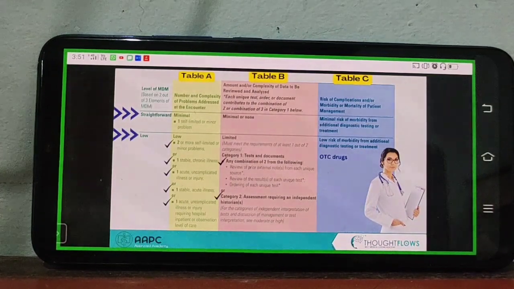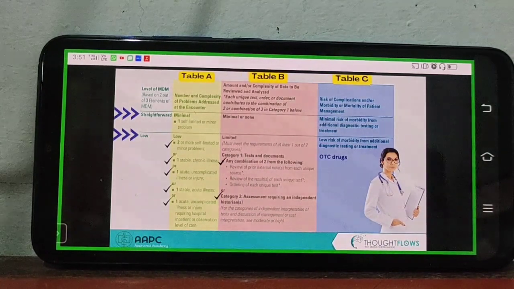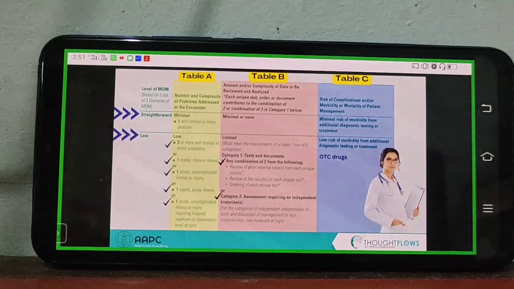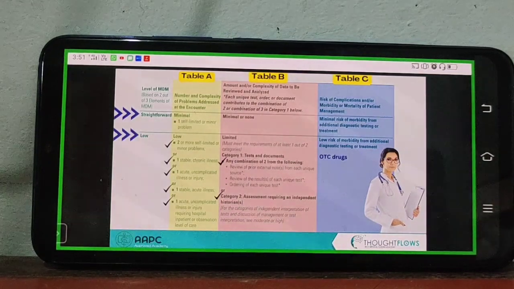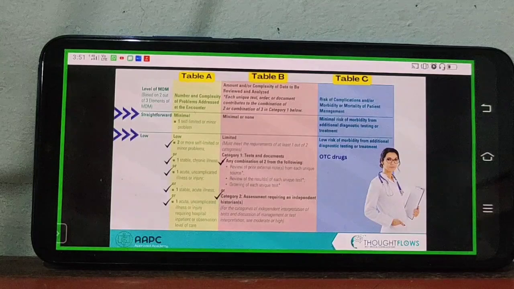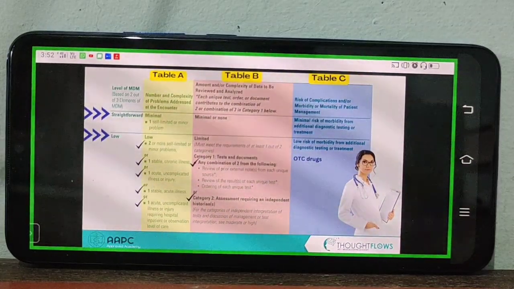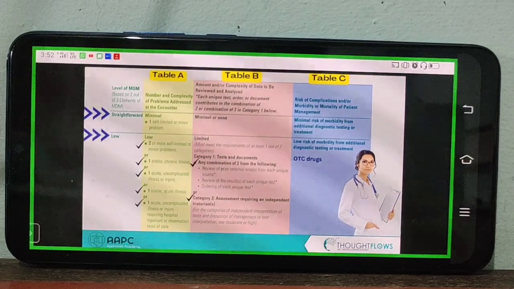That means there are 3 tables, 3 columns, and any 2 columns must be satisfied by your document. That means table A, table B and table C: any 2 tables must be satisfied by our document.